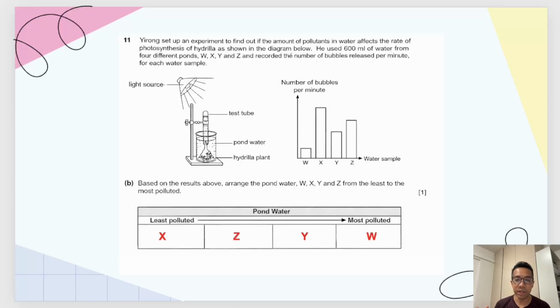The least polluted is pond X, and the most polluted is the water from pond W, and you can plug in Z and Y respectively.